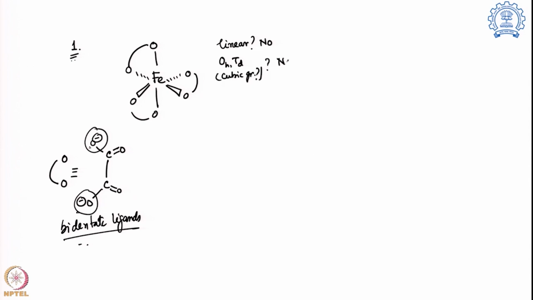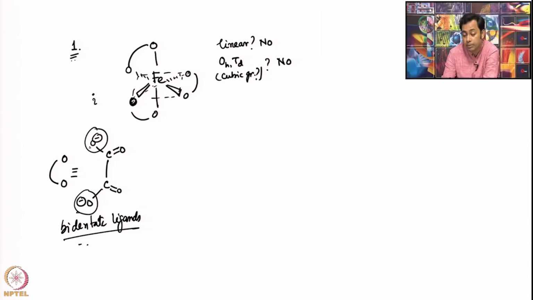The answer is still no. Although this molecule is binding in an octahedral geometry, that does not mean that the molecule has octahedral symmetry, because to have octahedral symmetry, the molecule should possess a center of symmetry. For a center of symmetry, if you go from one part of the molecule to the other part through the center of the molecule, which is iron in this case, we will have to find a similar segment present.